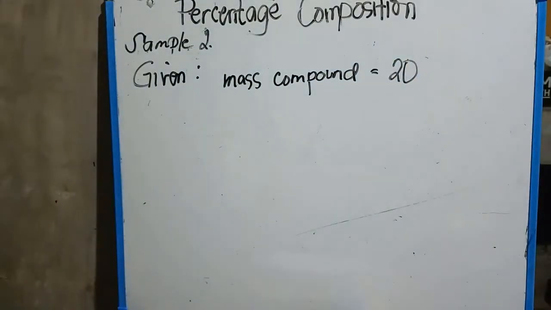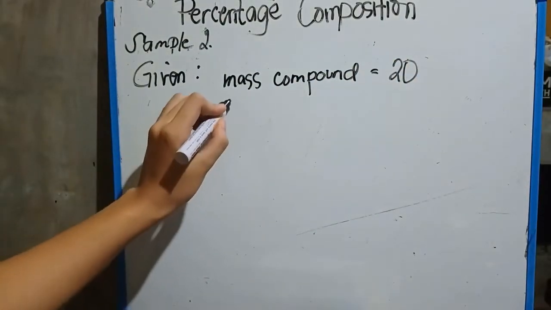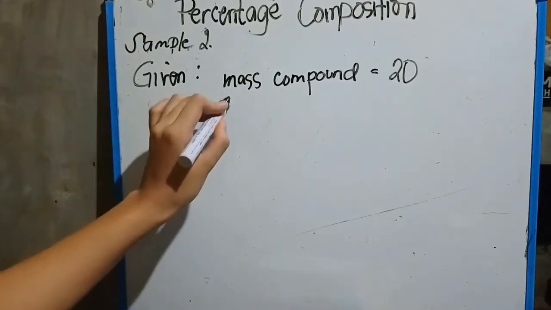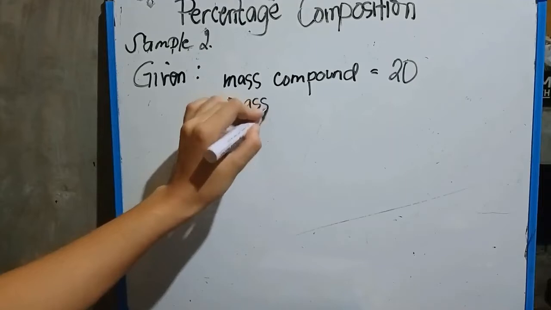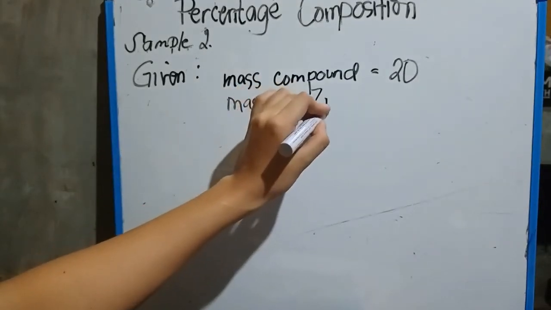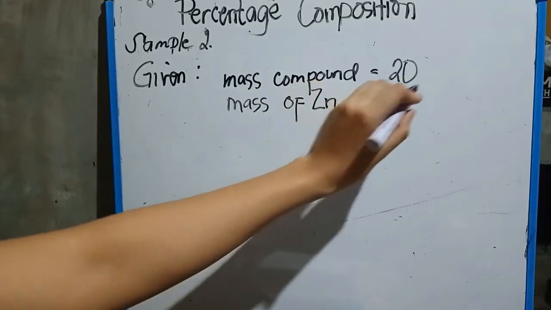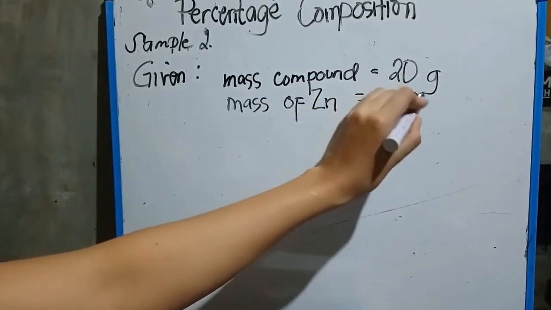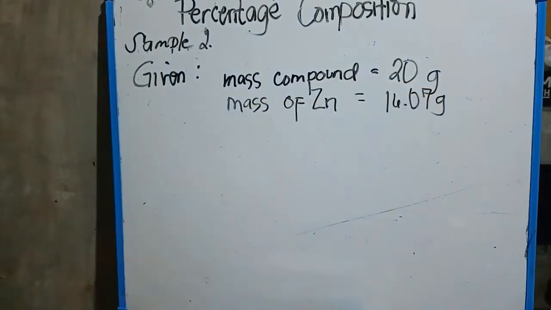While our zinc is 16.07 grams. So we already have the mass of the compound and also the mass of our zinc.